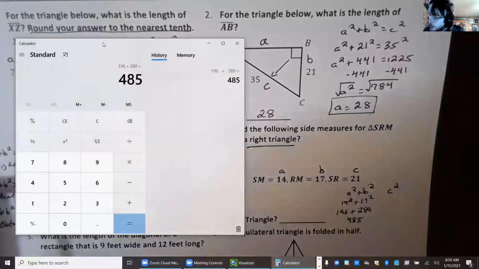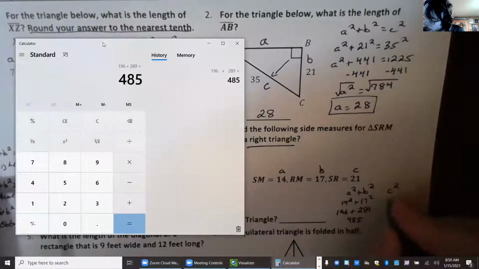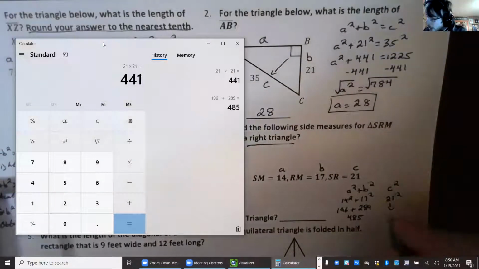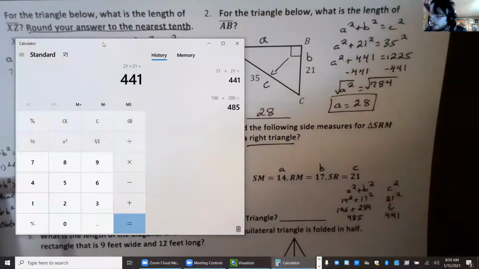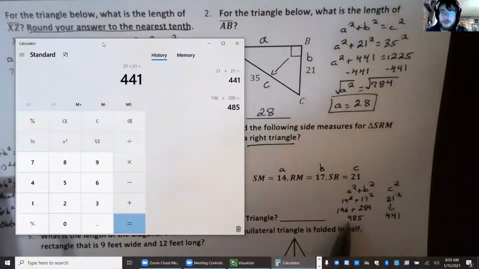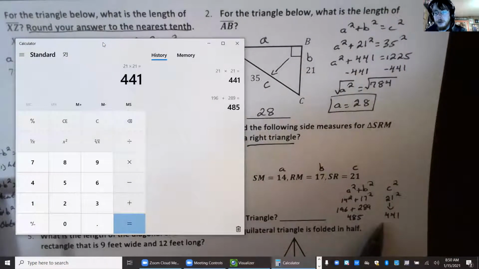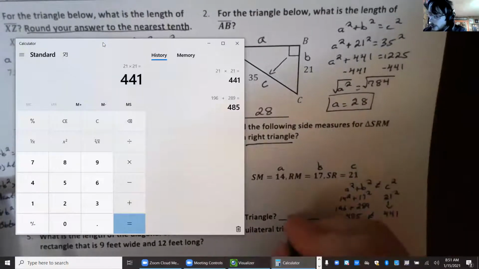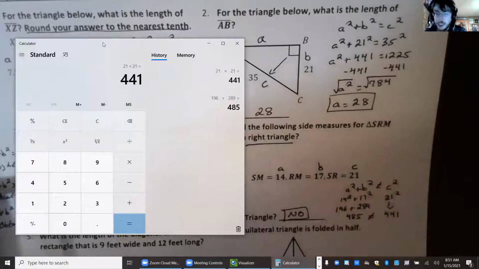Now we do C squared. C squared is 21 squared. And if we do 21 squared in our calculator, we get 441. Does 485 equal 441? The answer is no. So this is not a right triangle.